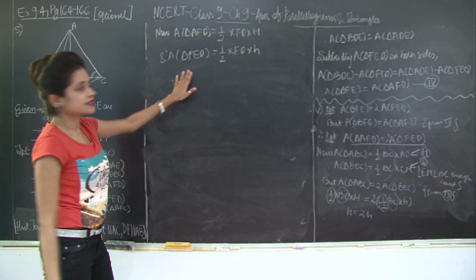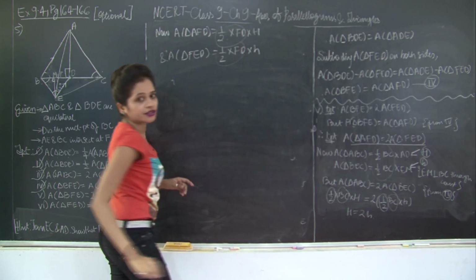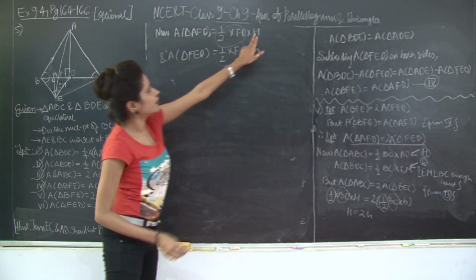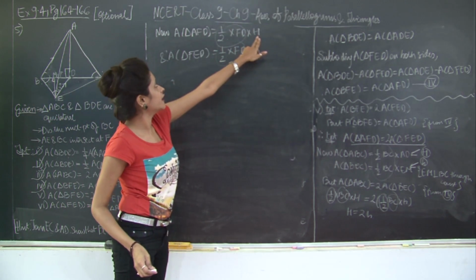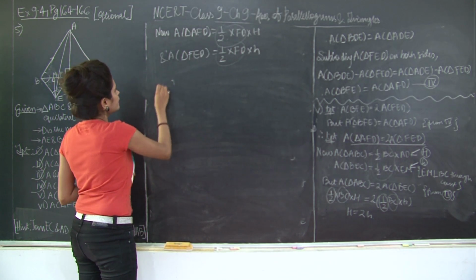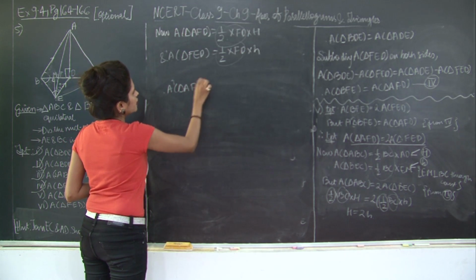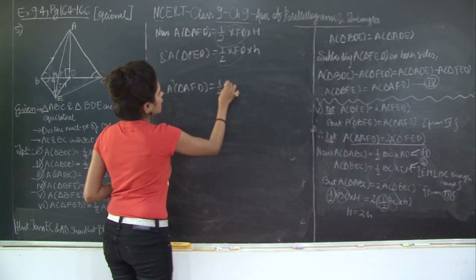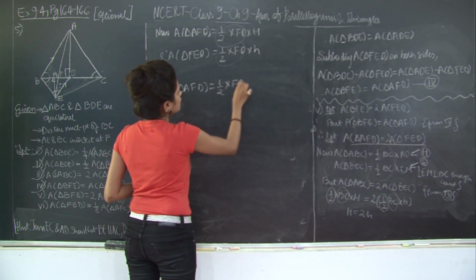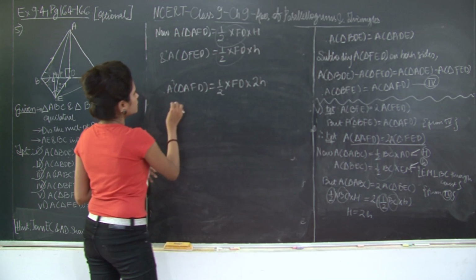Now if you notice, you have half FD and half FD out here, and here it is h. So instead of H, what can you write? 2h, small h, right? Therefore, area of triangle AFD is equal to half into FD into 2h, right?